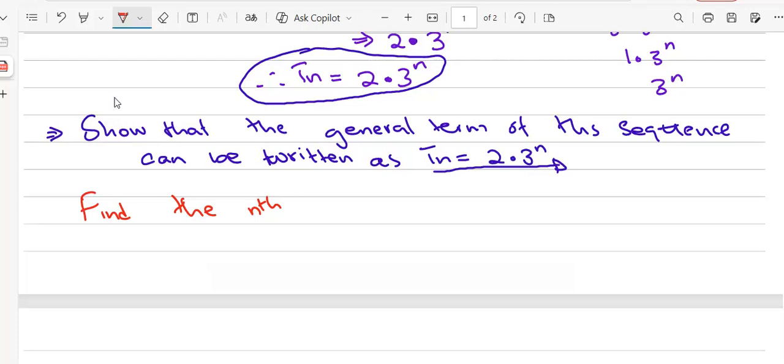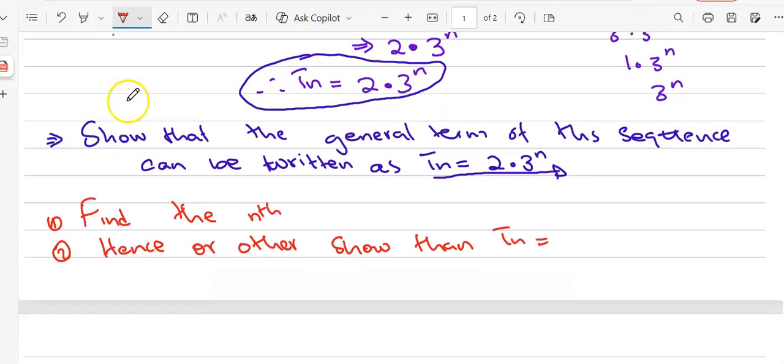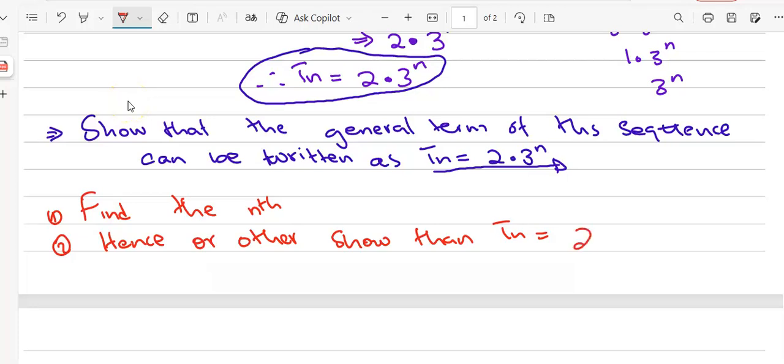Then the second question will say, hence or otherwise show that Tn is equal to 2 times 3 to the power n, meaning that whatever you found in the previous question, reduce it to that form.